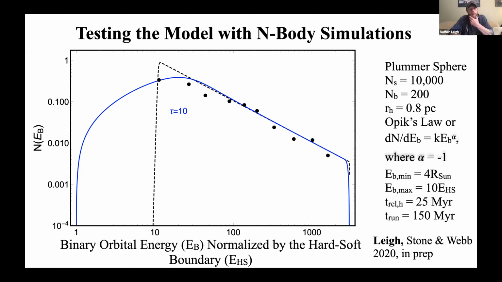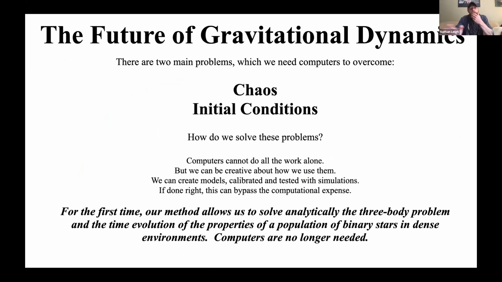We're showing the comparison evaluated after a period of 10 core relaxation times. And this is just to illustrate that so far we're seeing very good agreement between our analytic predictions and the results of n-body simulations. So we're verifying our analytic method using computer simulations. And I'll leave it there. I'll leave up my summary slide and take questions. Thank you very much.